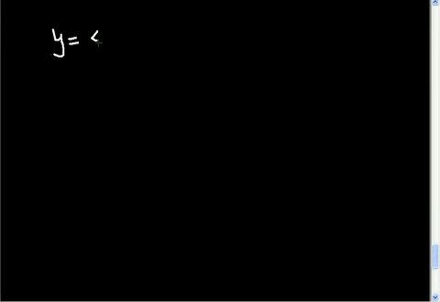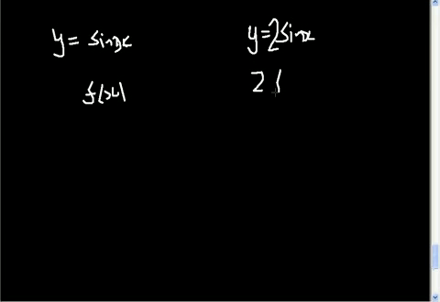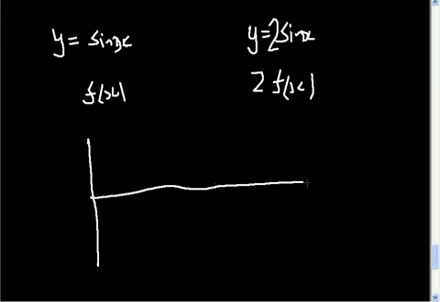Now using these principles, let's see what transformation has taken place for y equals sine x to become y equals 2 sine x. The entire function has been doubled, so f of x has become 2f of x. If this transformation is taking place, the y coordinates double.